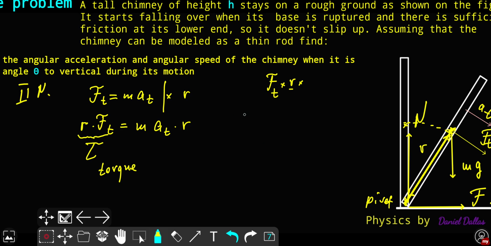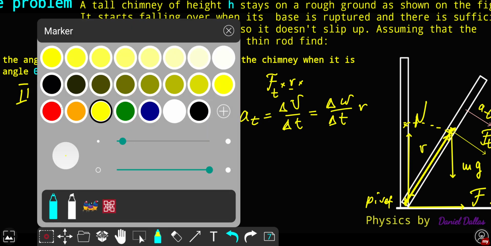On the right side, tangential acceleration, just remember, is the change in linear speed over time, right? But linear speed can be expressed through omega, right? So that's why it's going to be change in omega over delta t times r, okay? But change in omega over time is going to be angular acceleration.